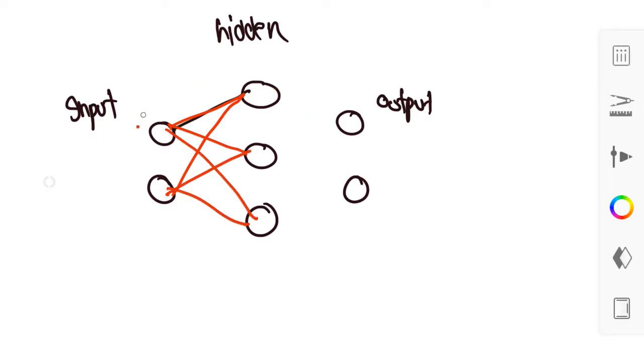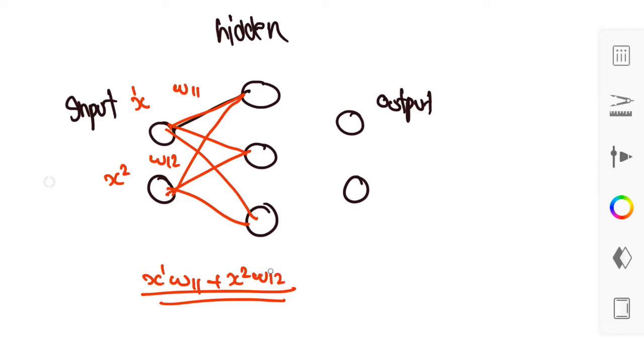We add x1 with some weight w11 and x2 with w12, so x1 w11 plus x2 w12 goes to this first node. We take the addition, suppose we get y, and we pass this value to an activation function, which we represent as psi of y.